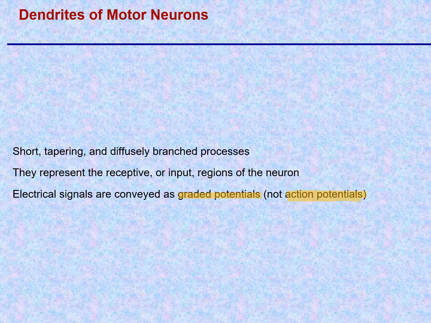Action potentials are only in the axon. We'll talk about this later, what a graded potential is versus an action potential. So impulses move through a nerve cell and can go to another cell or another type of excitable cell like a muscle. The incoming ones are graded potentials, and outgoing will be action potentials.